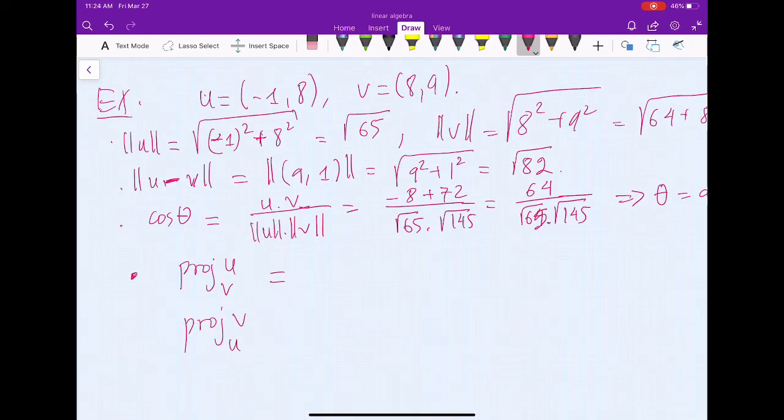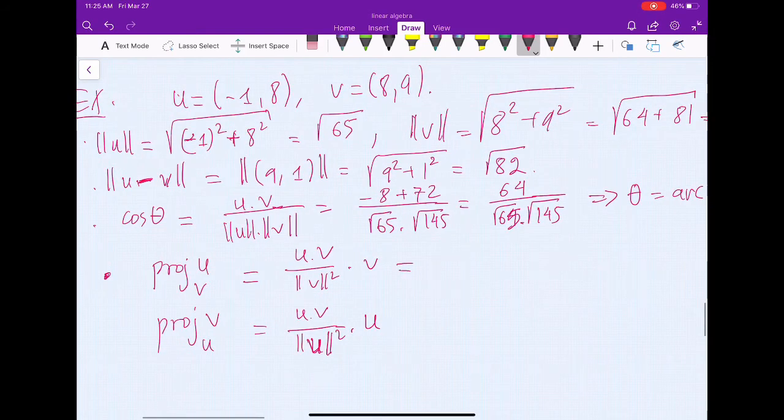So according to the formula, we have the inner product of U and V here, and then divide by the norm of V squared, times V. And here is the inner product of U and V over the norm of U squared, times U. Okay, so we already have that product, which is 64, right?